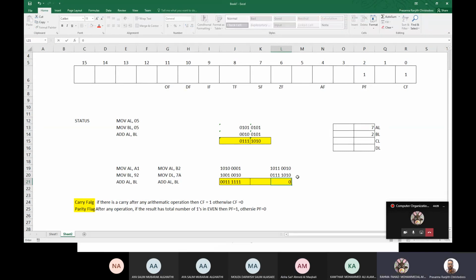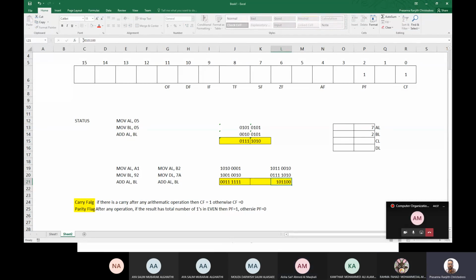I'm going to put 0, then 0 is 0, 1, 0, 1, carry 1. Then 1, then 1, 0, carry 1, carry 1, then 1, 0, carry 1, carry 1, 1, then 0, then carry 1, then 0.